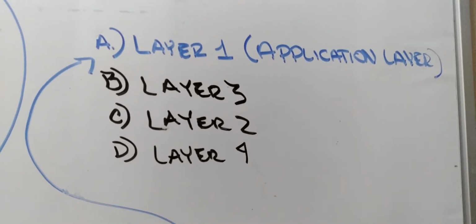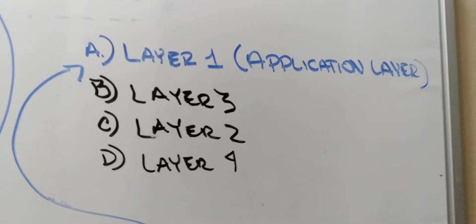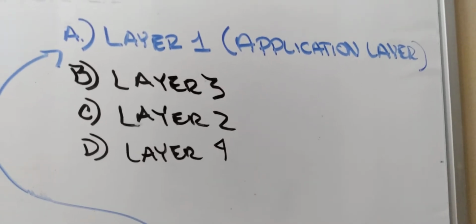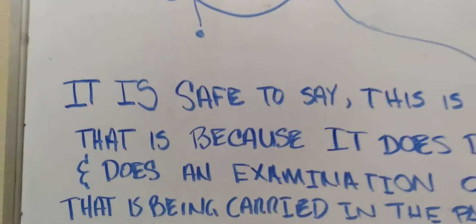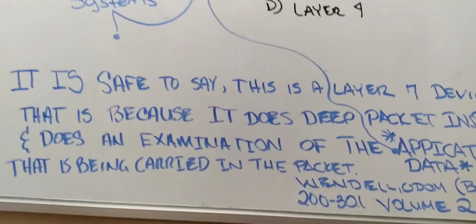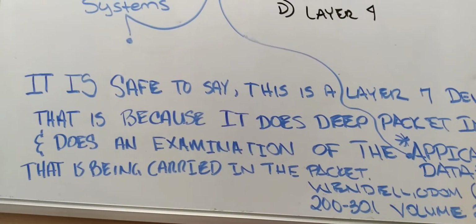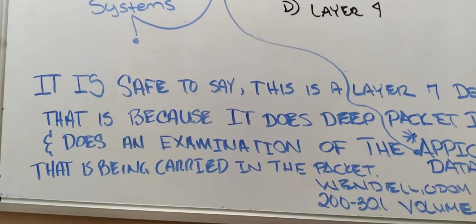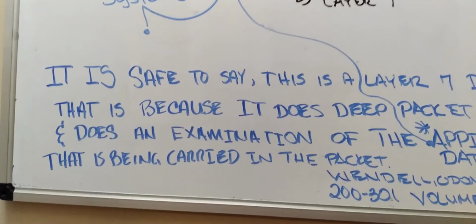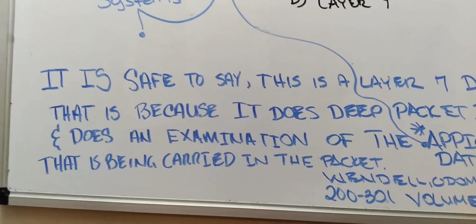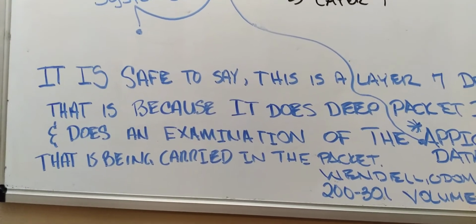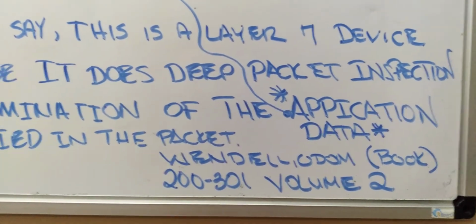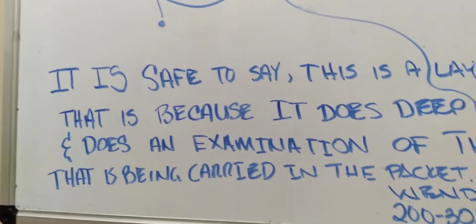As you can see, the correct answer is in blue, and it's layer 7, application layer. The explanation is that it is safe to say this is a layer 7 device. That is because it does deep packet inspection and does an examination of the application data being carried in the packet.